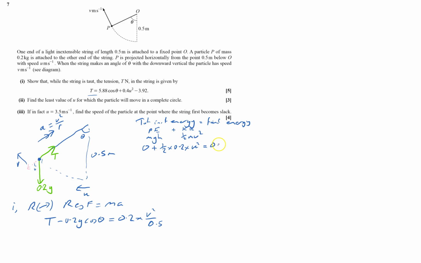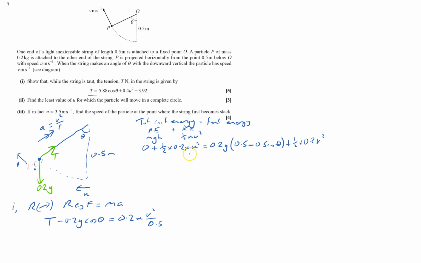mgh, 0.2 g times h, and that is going to be 0.5 is the whole thing here, but I'm going to have to take away this bit here, which is 0.5 cos theta. So that would be 0.5 minus 0.5 cos theta, and then plus a half times m, which is 0.2, times v squared.